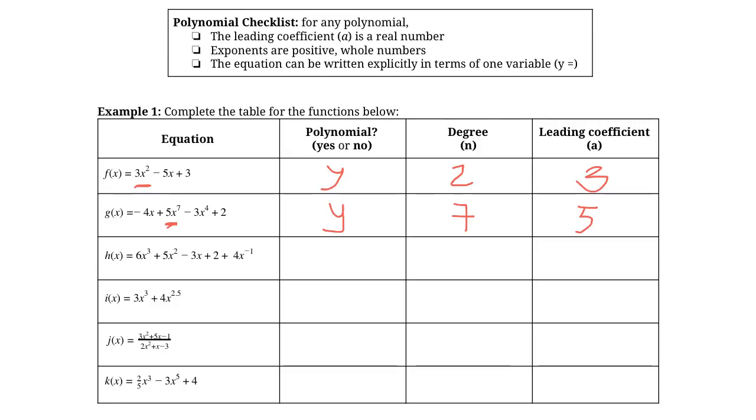Next one. Let's look at this one. We have an exponent of 3, 2, 1, and then the 2 here, we can say that has an exponent of 0, basically, and then we have an exponent of negative 1. So does this satisfy all our conditions? Exponents are positive whole numbers. See, we have a negative exponent, and when we have a negative exponent, it's actually not a polynomial anymore.